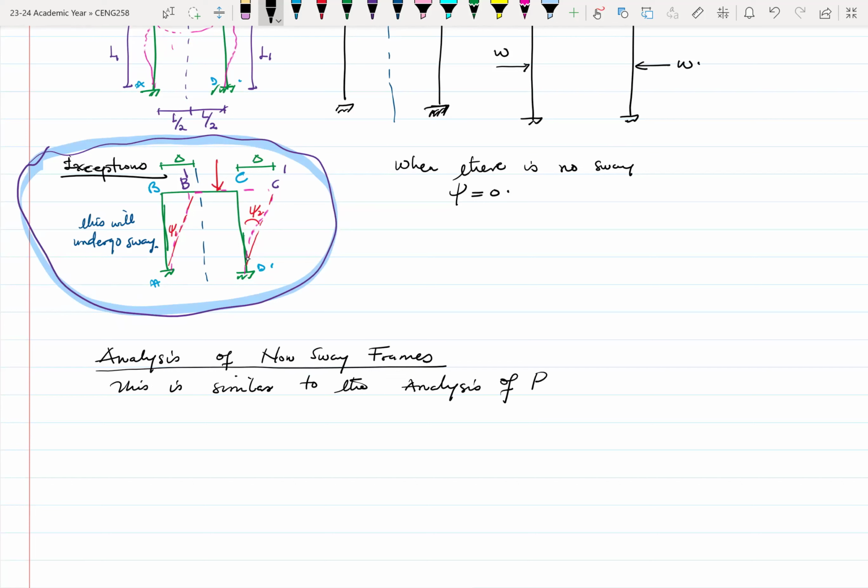So the two examples that we've looked at so far are enough to help us analyze frames that will not sway, right? The only thing is that we need to understand that you can have more than two members connected to a joint.